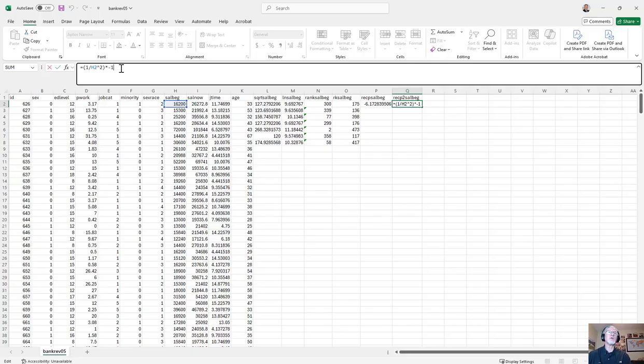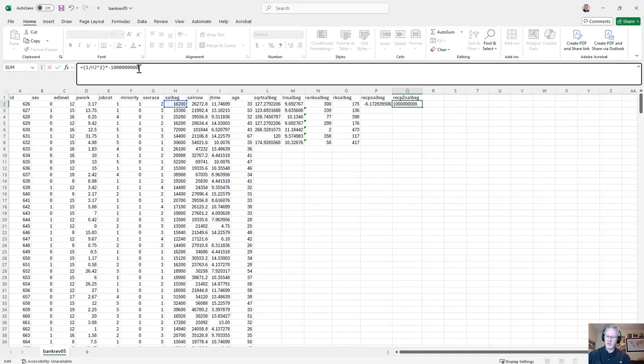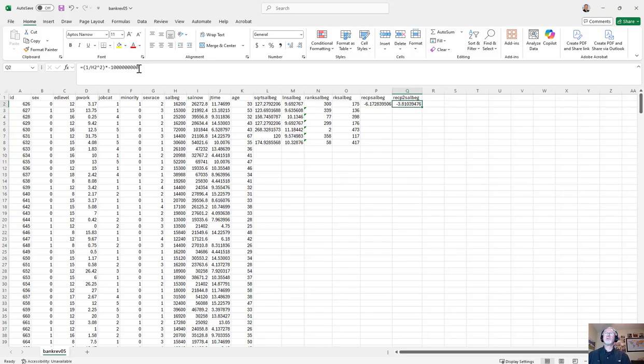So I'm going to go 1, 2, 3, 4, 5, 6, 7, 8, 9. One more. There we go. And now I've shifted the scaling. So the transformation remains the same in terms of what it does, but the scaling is now different.